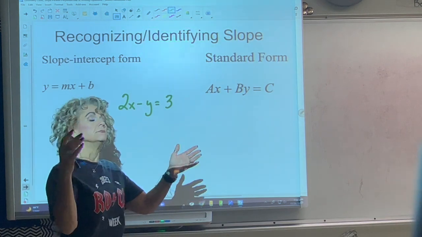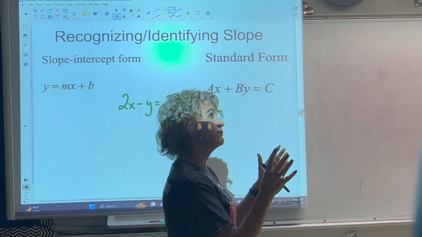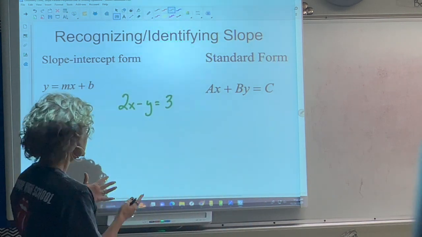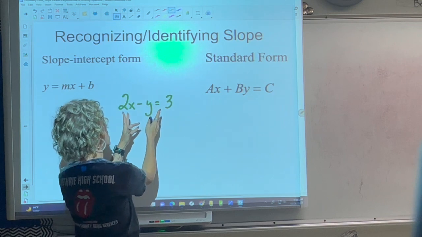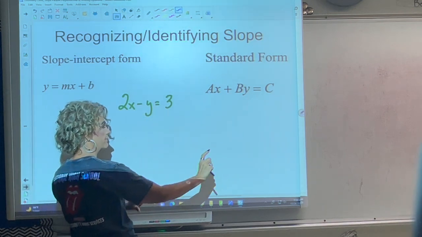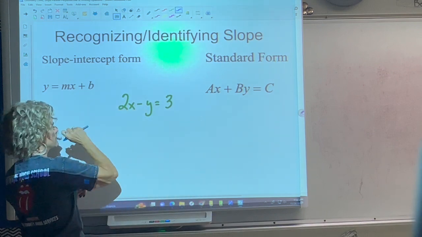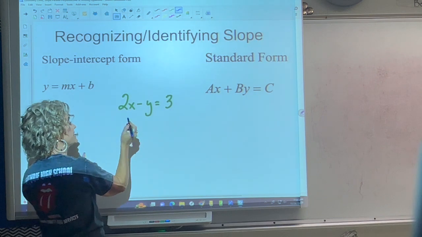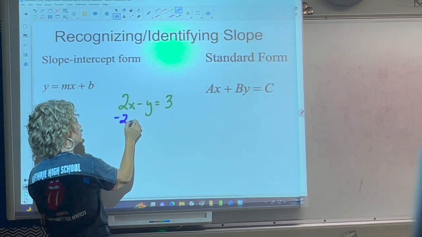Okay, so this is my line. I'm going to pretend I have no other choice but to put it in slope-intercept form. Like I said, that's going to be a lot of work. I have to isolate y. I have to get y completely and totally by itself. So we're moving everything away from y. So 2x is over here. I need to move it to the other side. That's a positive 2x. I need to use the additive inverse, a negative 2x.